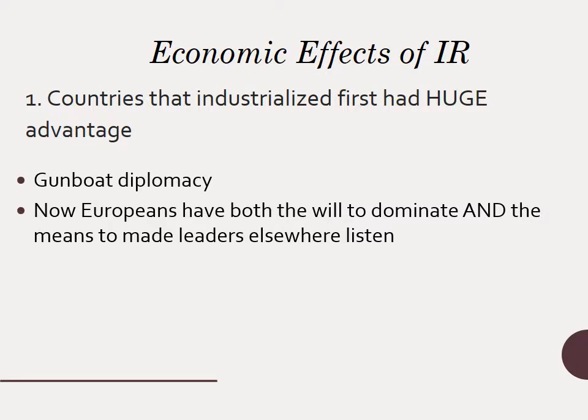China will steadily be replaced by European powers because, again, they had industrialized, they're making a lot of money, and they have this power. Remember, before, the Europeans had started out very marginal and wanted just to get in on the global markets. Now they're going to be able to dominate those economic markets for the first time in world history. The Industrial Revolution means that now the Europeans have the will to dominate, which they've had for a long time, but now they also have the means to do so.